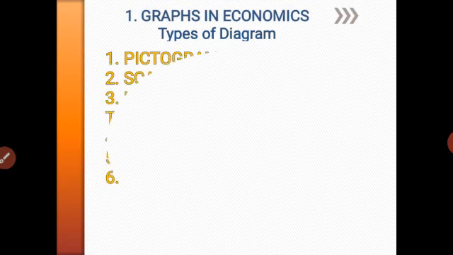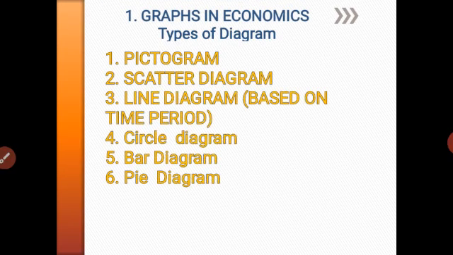In this topic, you can see that six types of diagram are available. First is pictogram, second is scatter diagram, third is line diagram, which is also called based on time period, fourth is circle diagram, fifth is bar diagram and sixth is pie diagram.